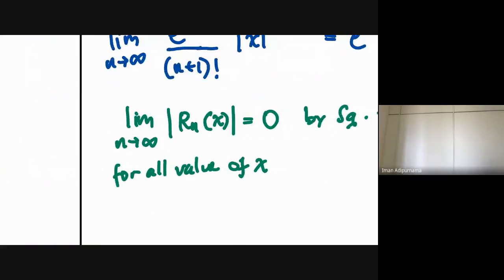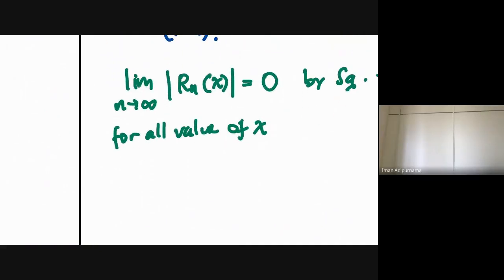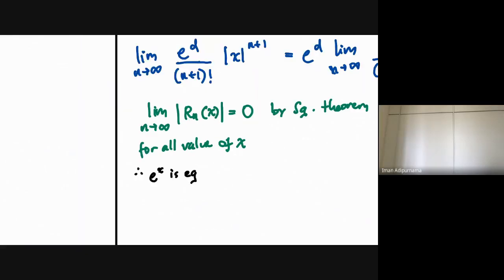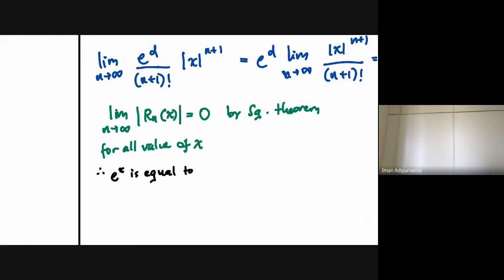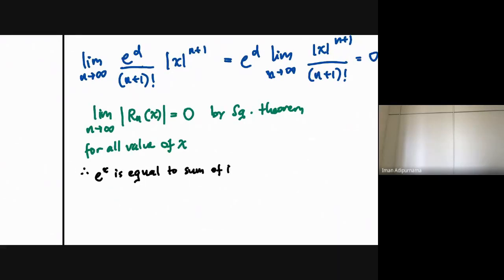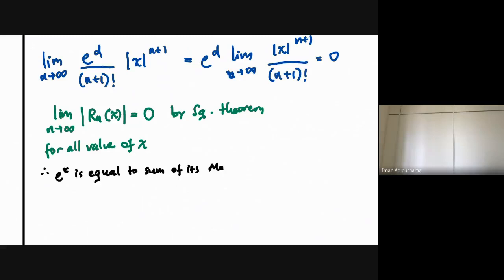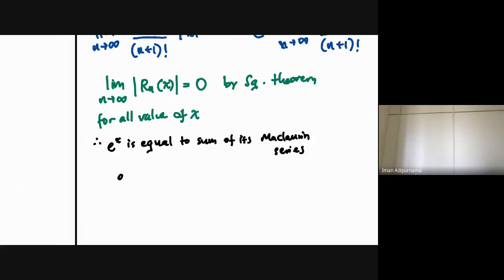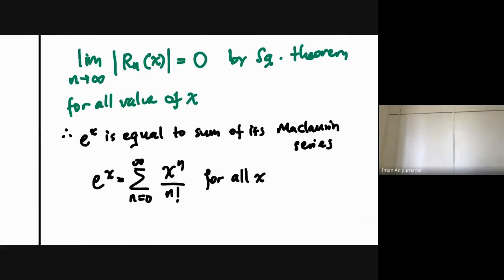Okay, so for all values of x, we can write that e to the x is equal to the sum of its Maclaurin series. Same conclusions, but a different perspective or different angle of view.